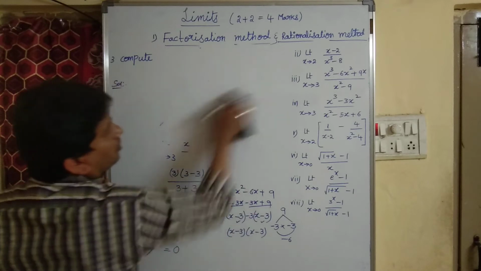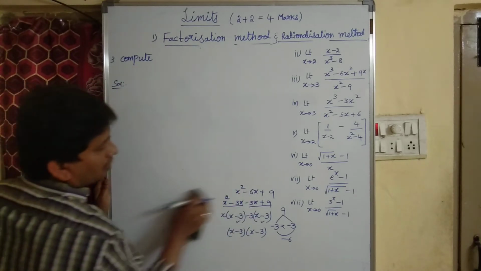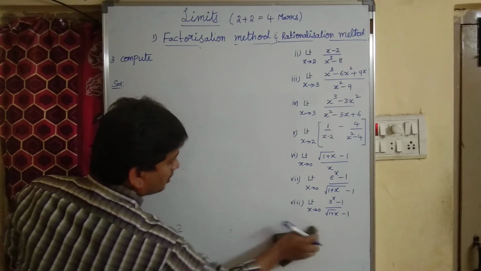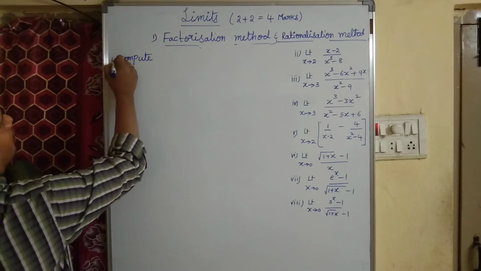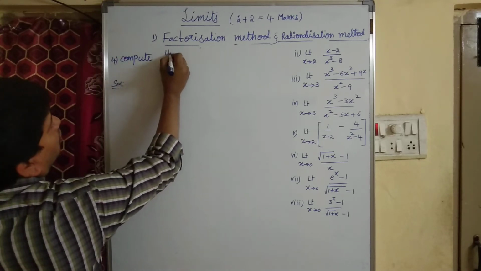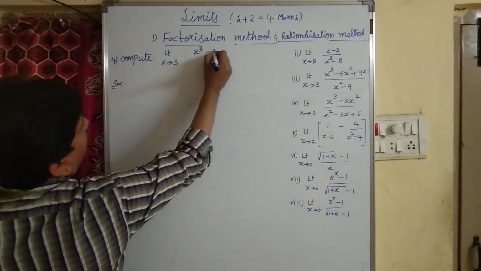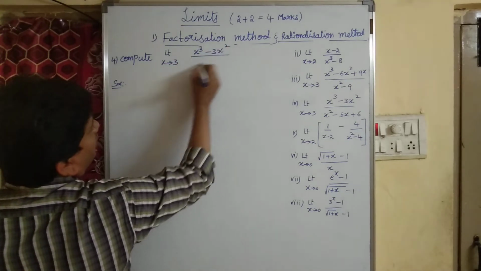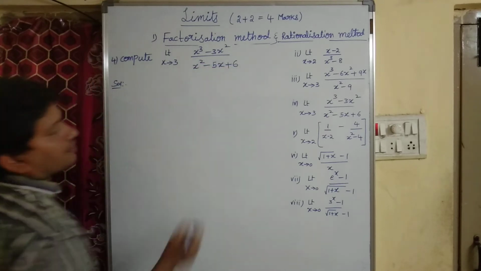Now coming to question number 4. Compute or evaluate limit x tends to 3, x cube minus 3x square divided by x square minus 5x plus 6.